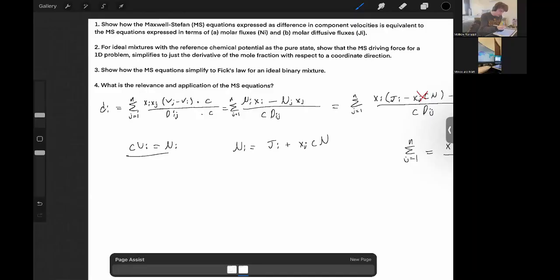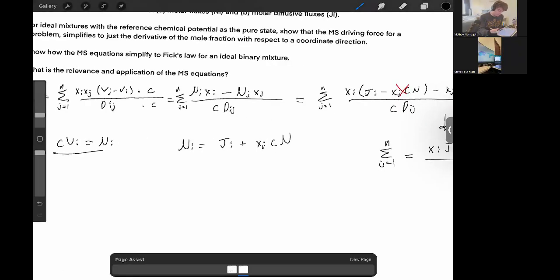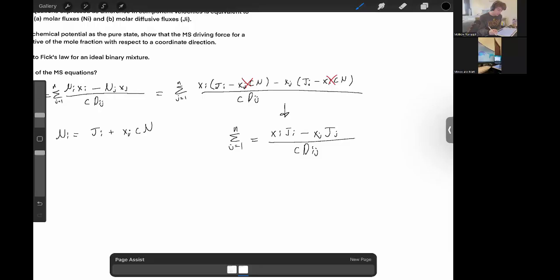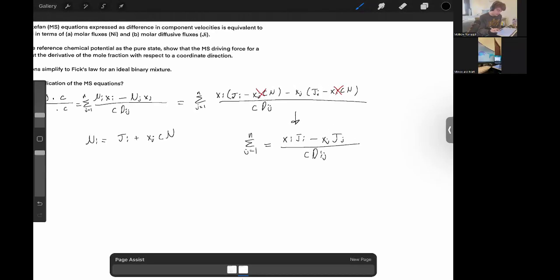So we said that the concentration times the velocity of a system equals the molar flux of the system, and that molar flux is also equal to the diffusivity plus some concentration gradient, which in this case was a molar concentration gradient. And we did that to then prove that this equals some molar diffusive flux Maxwell-Stefan equation. So that's what we were proving over here.